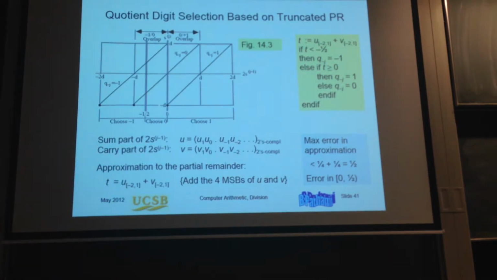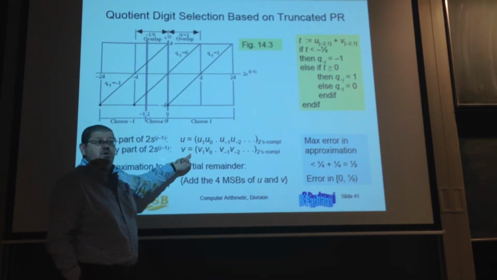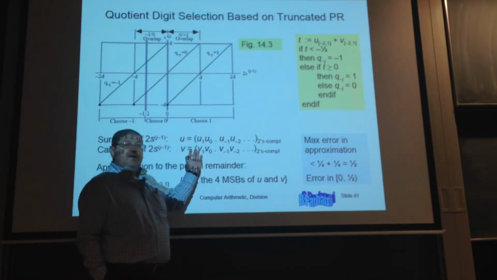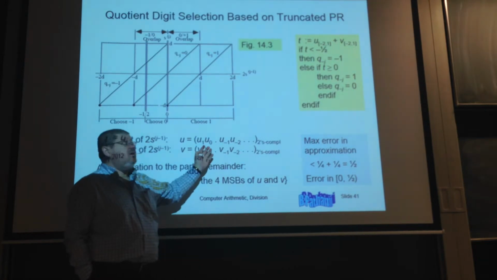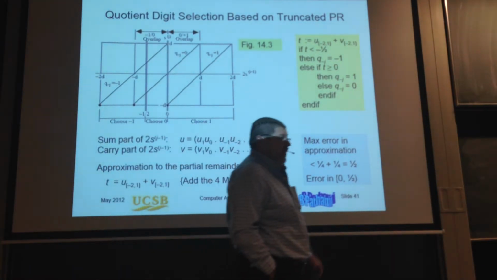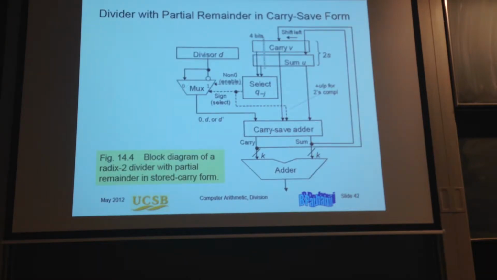Now, the cycle time is the time which will take for this approximation to be computed, which can be, I don't know, a 4-bit addition or a lookup table, plus the logic which is doing the selection. Then in each cycle, I want a lot, because I managed to make the cycle faster.